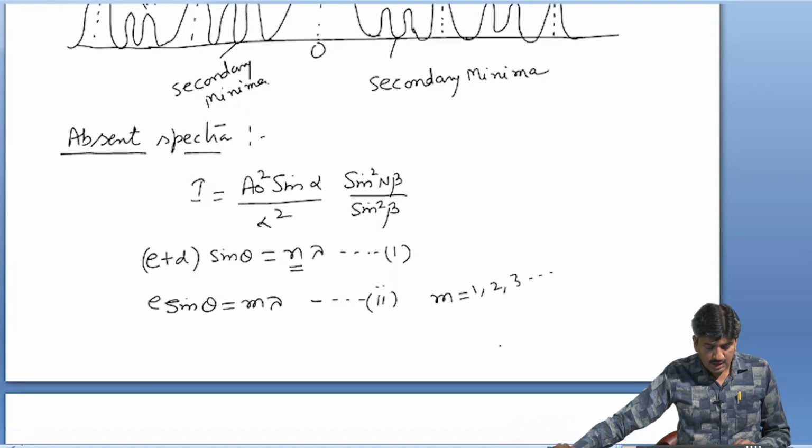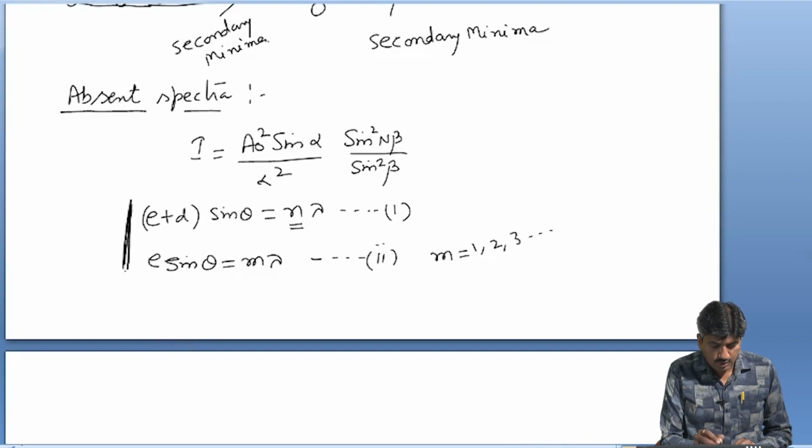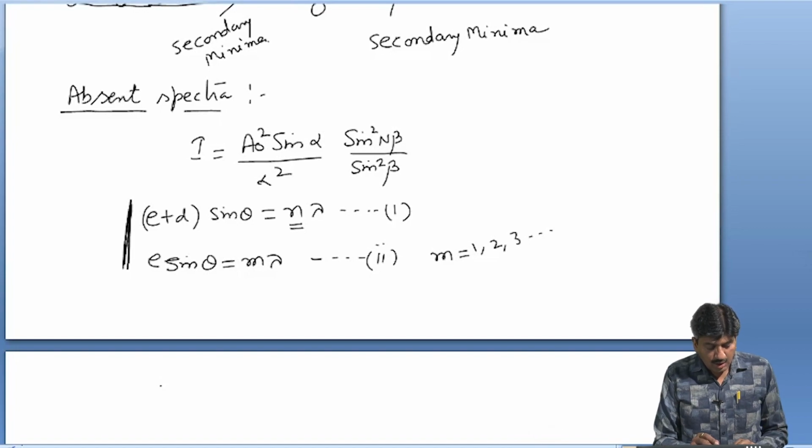If both conditions are simultaneously satisfied, a particular maximum of order n will be absent in the grating spectra, and these are known as the absent spectra. The order which is absent in the spectra is known as the absent spectra, or we can say the missing order of spectrum.